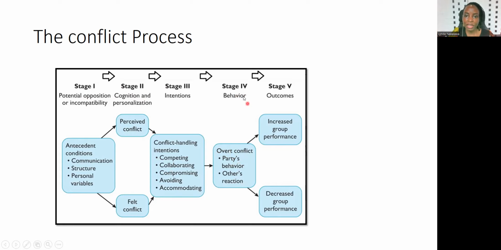And finally, this behavior will give rise to outcomes, which is stage 5. And conflict, we are going to see it will either lead to increased group performance, that is the outcome, or decreased group performance.